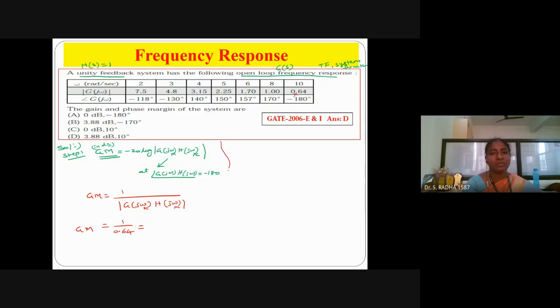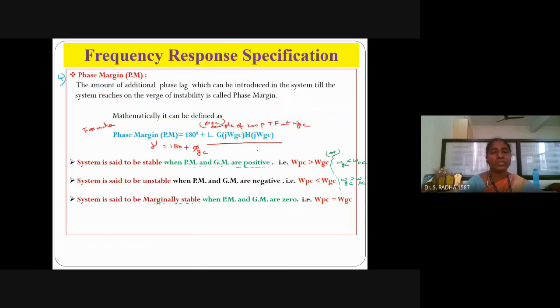This is step 1. I will do the calculations later. I am coming to step 2, where I will concentrate on phase margin. I will go back to the definition. The phase margin formula is 180 plus the angle at omega gc.